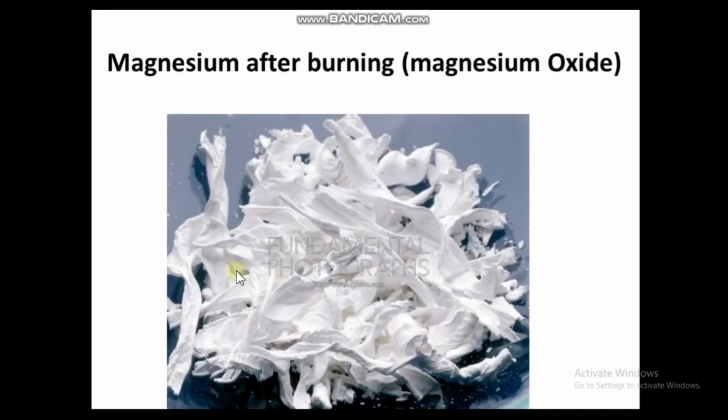The color of the substance changes and it becomes like a powder. When we crush it, it converts into powder, and that is known as magnesium oxide powder.